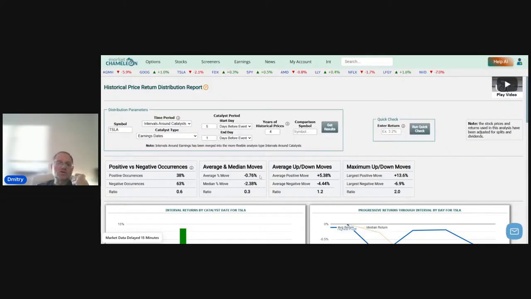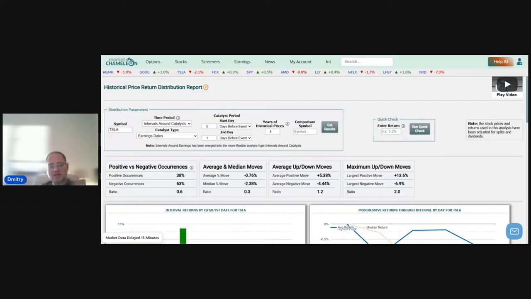It also shows us what is the average returns and median. So the average of all those returns was negative 0.76%, 0.75%. And the median, where half the returns are higher, half the returns were lower, was negative 2.38%. Okay, so it had somewhat of a negative skew.